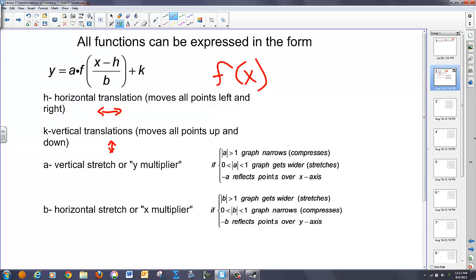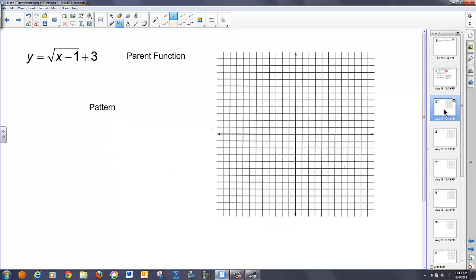So let's go through and graph a couple of functions, again without a calculator, using these concepts. So in this case, I'm going to identify what the 1 and the 3 have to do with the graph. Well, my parent function in this case is the square root of x. I know the square root of x has a pattern that we generated yesterday of 0, 1, 4.